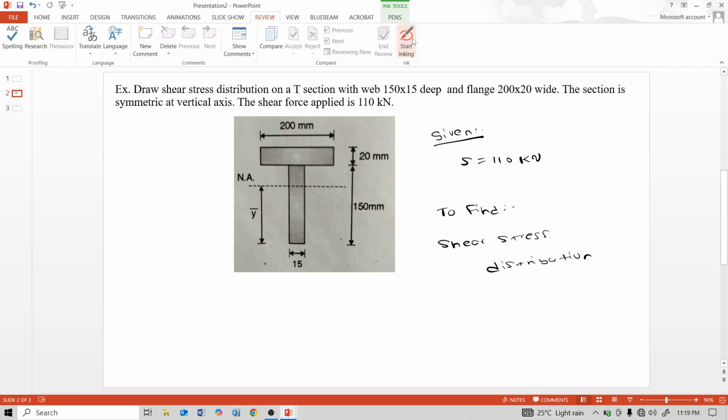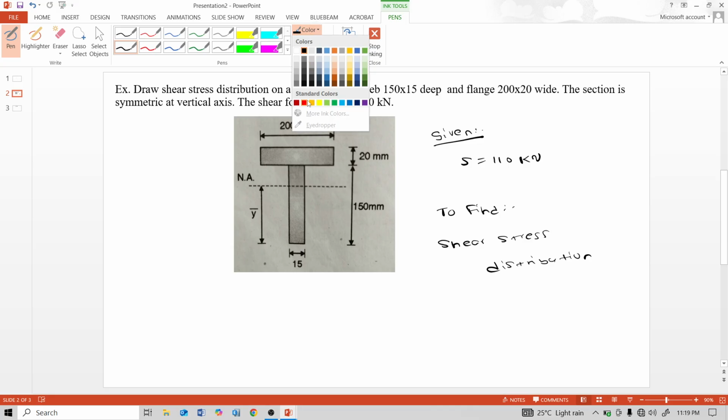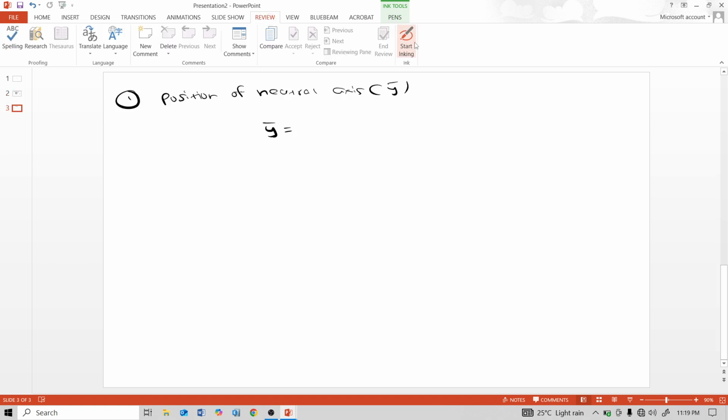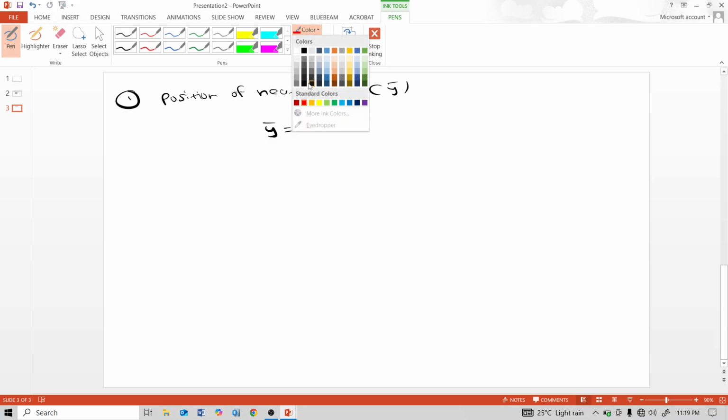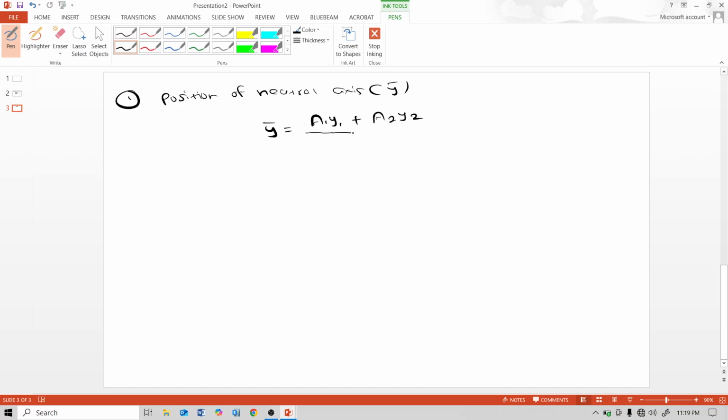Let us consider this web portion as 1 and this flange portion as 2. Y bar is equal to A1y1 plus A2y2 upon A1 plus A2.